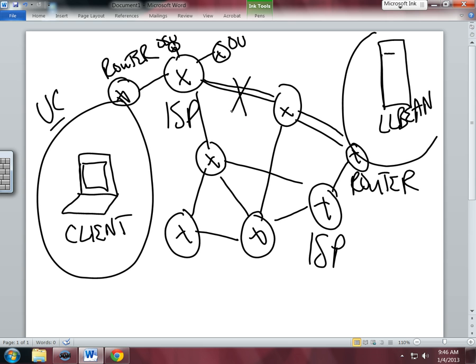Well, if we didn't have redundancy in these connections between the routers, I couldn't access the LL.Bean website from this computer here at UC. And so we have this redundancy in the system so that if it does go down, we can go through multiple different paths of routers to get to the LL.Bean website. And so this is what we see.